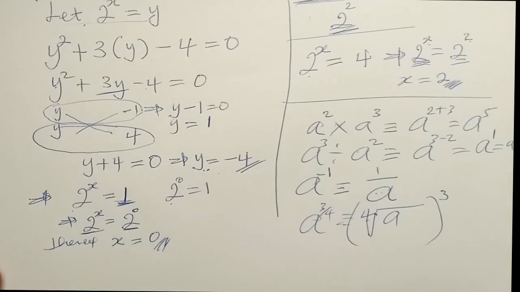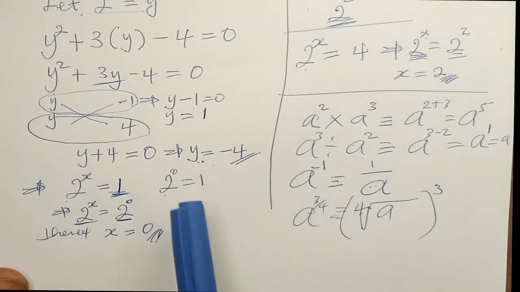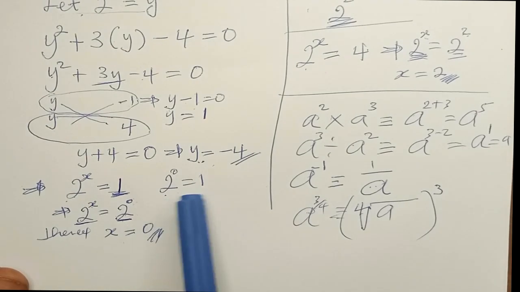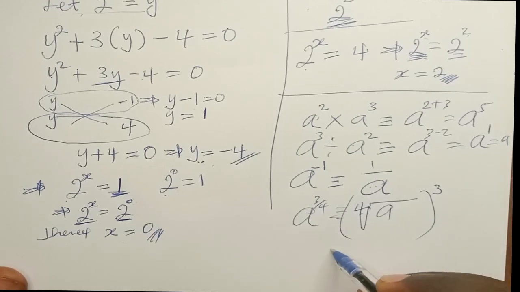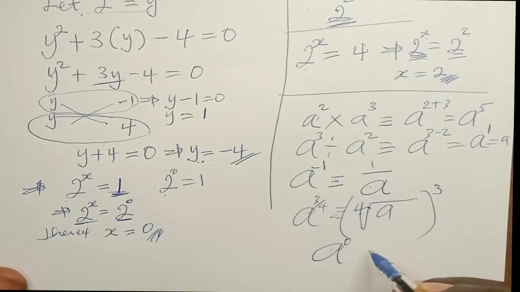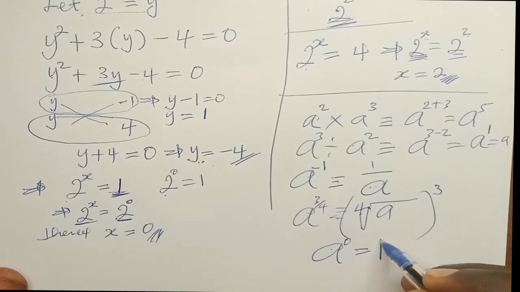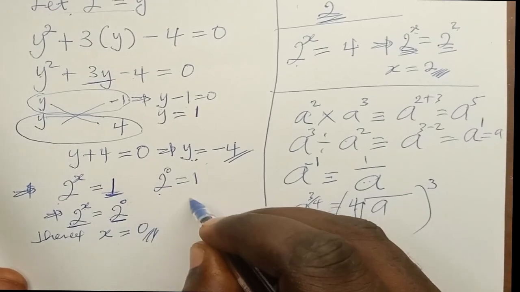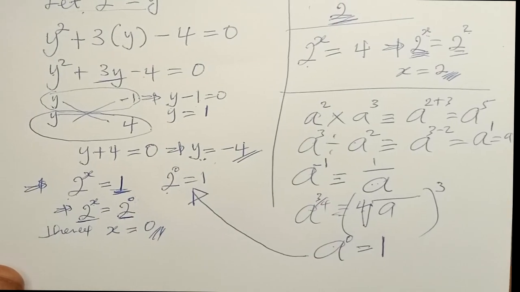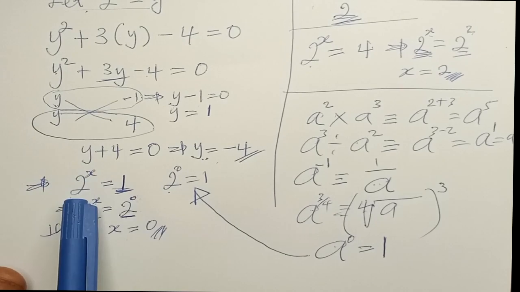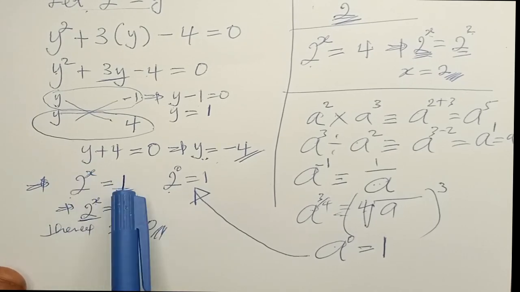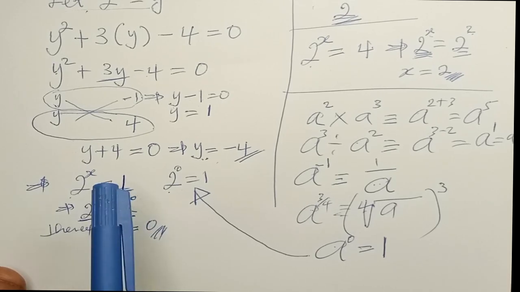Then, of course, we have this particular one, which we have just used here, that anything raised to the power 0 is equal to 1. It is the law that states that, for example, a raised to the power 0 is equal to 1. This is the law which we have just used here. Since we have 2 to the power x equal to 1, we're looking for something which, if we raise to the power, is going to give us 1, which in this case is 2 to the power 0.